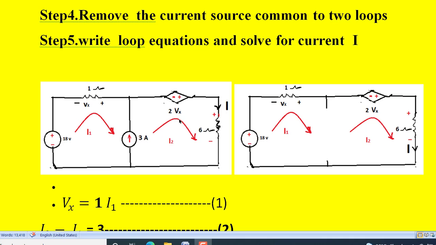And this is the second loop current, also flowing in the clockwise direction, and we designate that current as I2. This second loop consists of the elements 3 amperes current source, the dependent voltage source, and the resistance of 6 ohms.